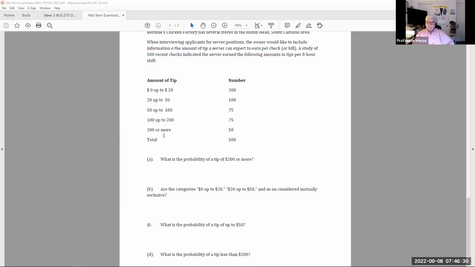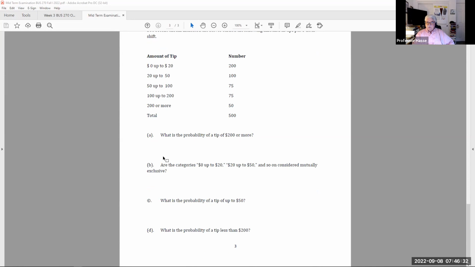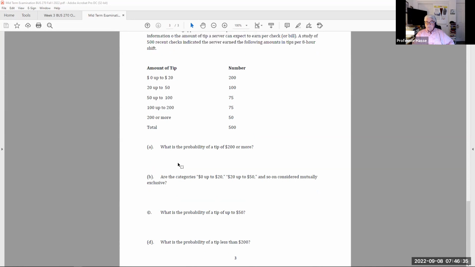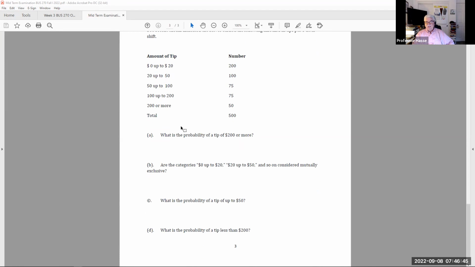What does that mean? Next question, what is the probability of a tip of up to $50? And finally, what is the probability of a tip less than $200? So tell me what those probabilities are.